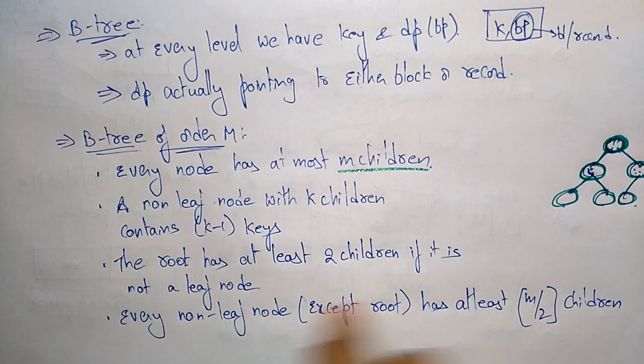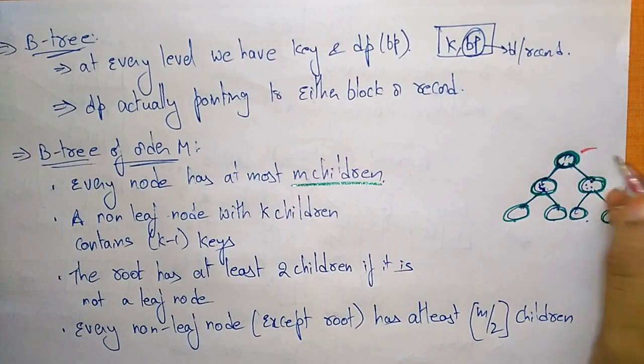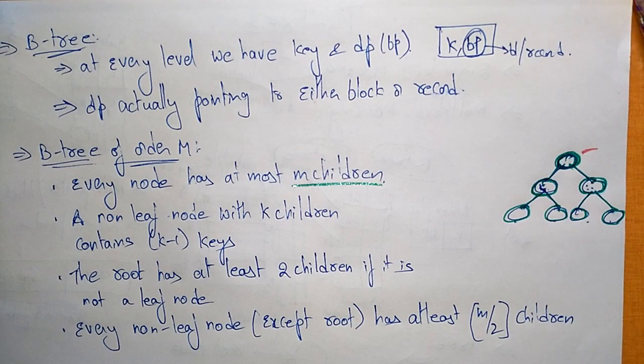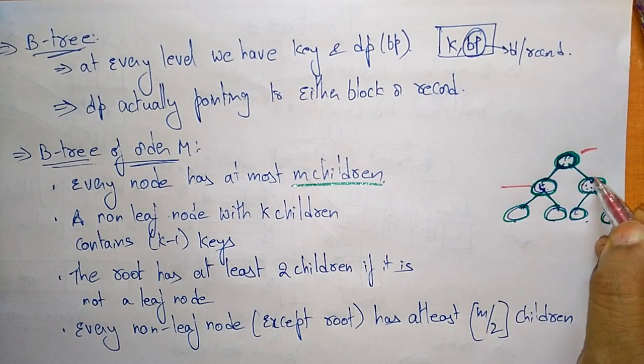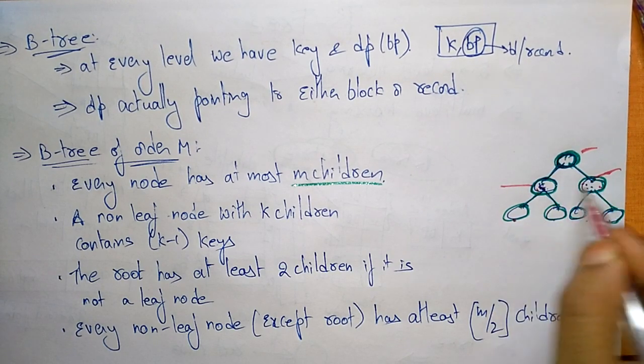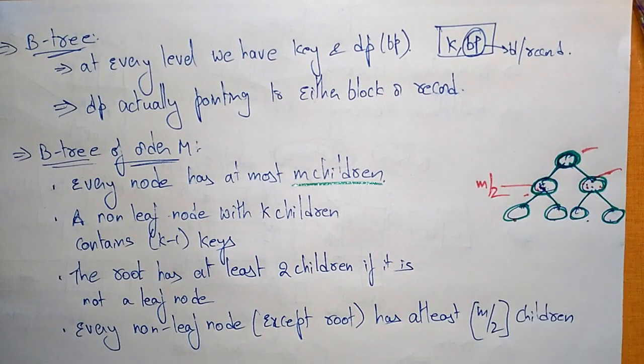So it is saying every non-leaf node except the root node. This is the root node. So except the root node, every non-leaf node. The non-leaf nodes are these, and the last ones are the leaf nodes. So these non-leaf nodes have at least m by 2 children.